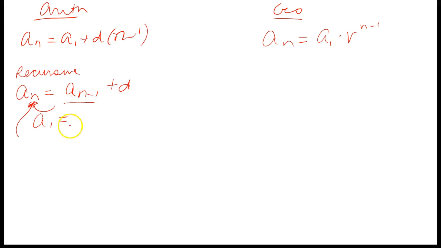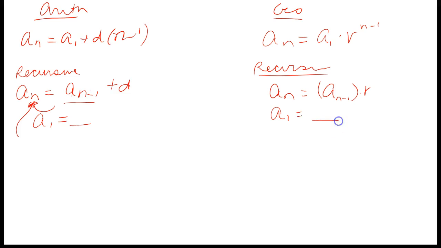So I have to give a1. Geometric, on the other hand, is the term in front of it times the common ratio, times 2, times 2, times 2. Again, I have to give a1.